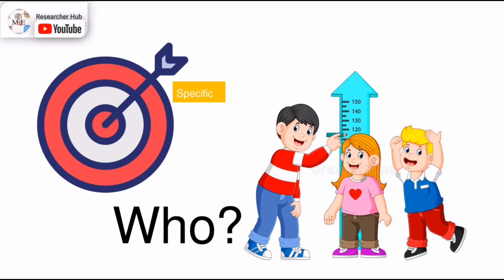Can you tell which person we would like to measure from this picture? Is it the girl in front, standing next to the measurement, or the boy behind her? I'm sure the majority of you, not everyone, but the majority, might say that it must be the girl standing next to the measurement.